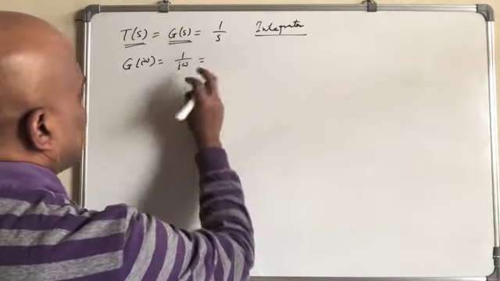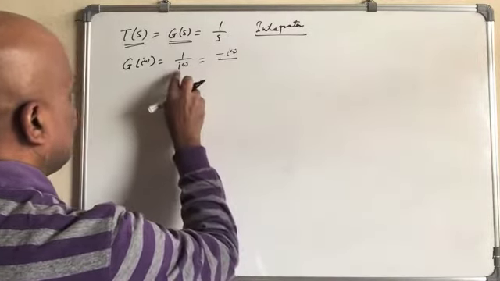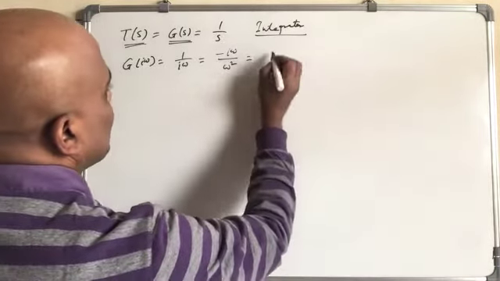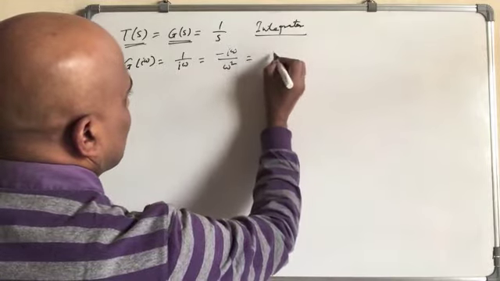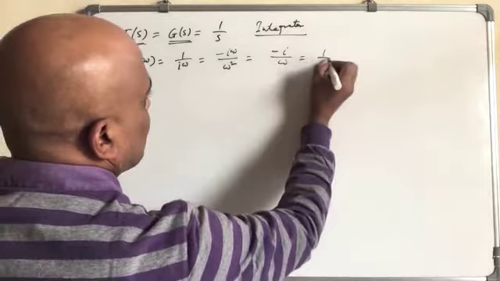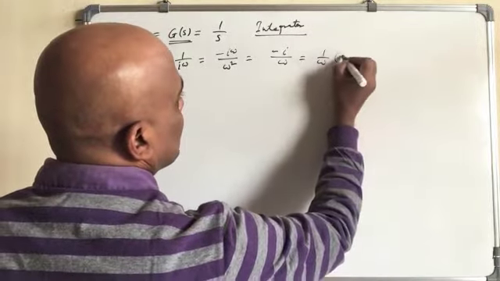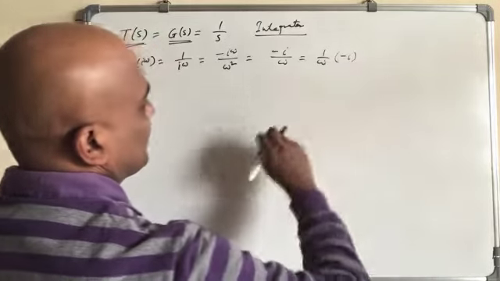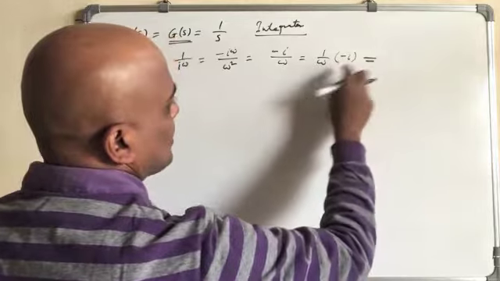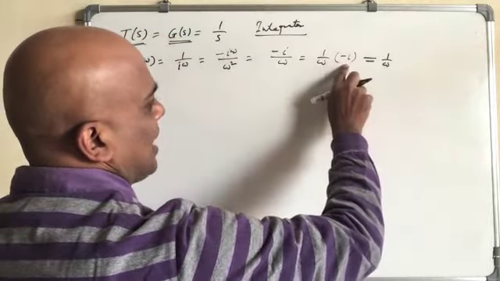So we can write minus iω multiplied by minus iω, and you have ω squared. Or simply we get 1 over ω times minus i. So you can write it in terms of angle also. It is 1 over ω, and what is the angle here?